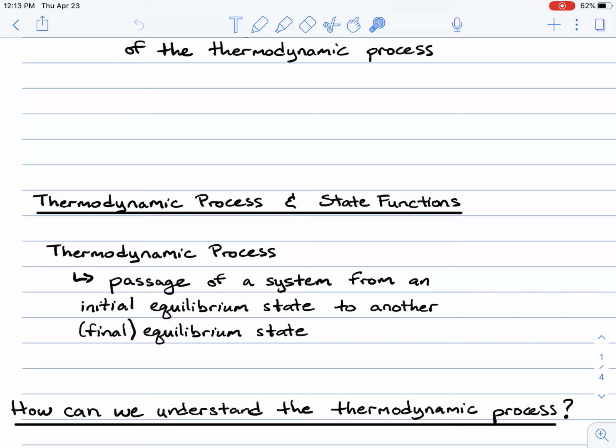Now, going back to the analogy where you're in your room doing this singular activity and you're in this initial state of equilibrium, you can literally map out how you go from your room to the kitchen, right? And there's actually many ways that you can do so. You can directly walk out of your room and walk directly into your kitchen.